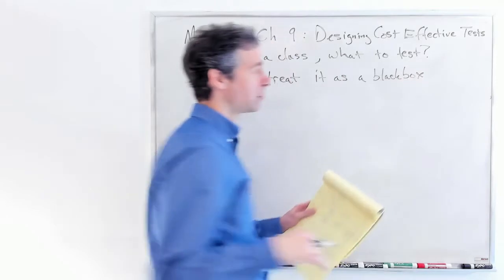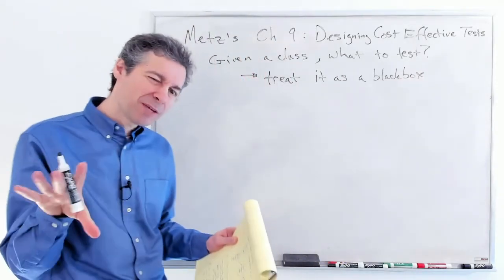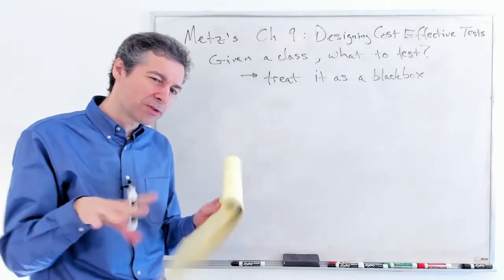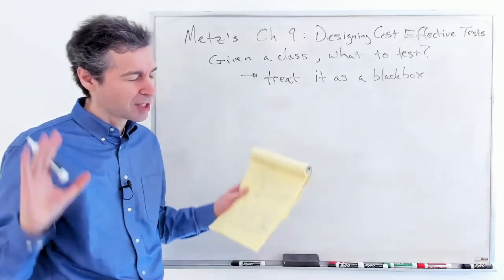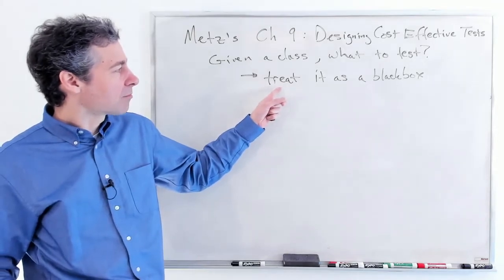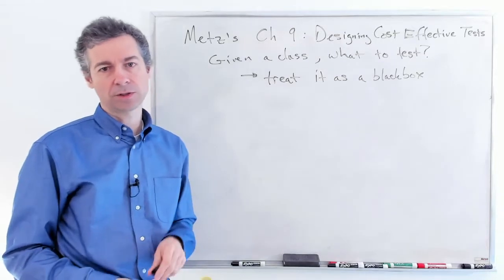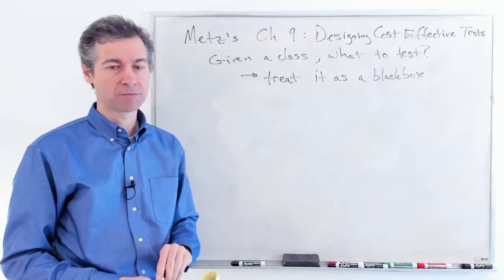The idea being that, and maybe we should actually be calling it a white box or something, but the reality is we don't care how the internals are implemented, okay?